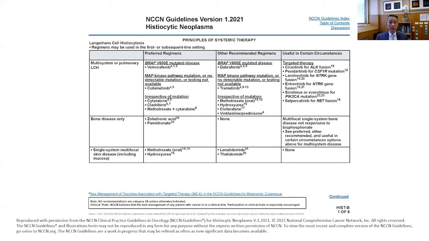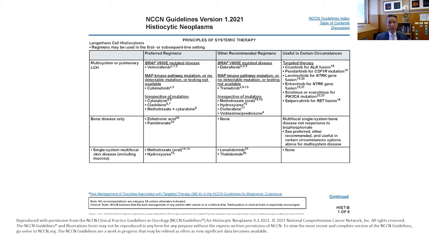As far as systemic therapy, you can see that this table is similar to the ECD table. It really depends on whether the site of involvement is unifocal, unisystem, or multi-system. It also depends on the mutations. And certainly, if the treatment is necessary, then the choice is either targeted agents or chemotherapy.